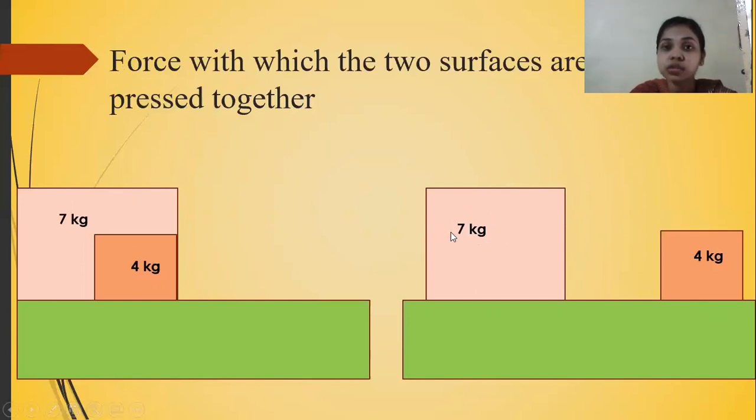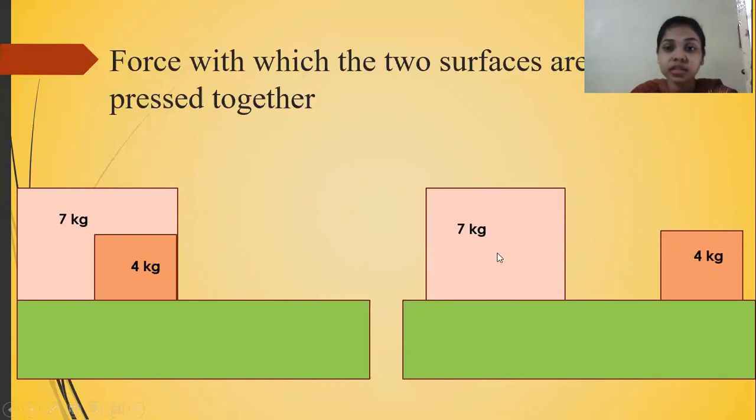The force exerted by the 7 kg box on the table is more. Similarly, the surface also exerts more force on the box. And when they press together with more force, they interact more, they interlock more. And hence, if they interlock more, then the force of friction is more here.